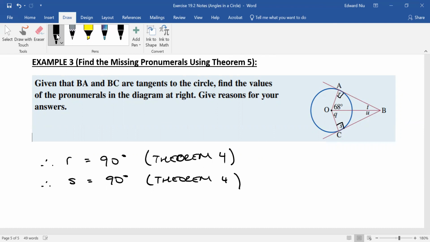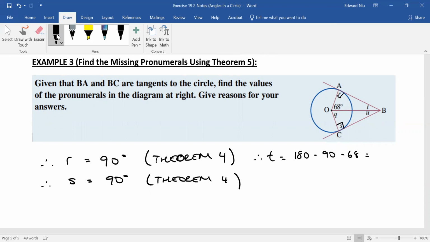We know, therefore, T must equal 180 take away 90 take away 68, which is going to be, what is that, 32?